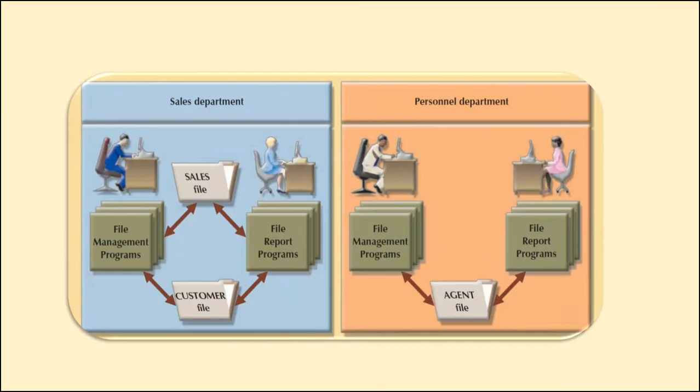Because of that, redundancy and duplication of the data will increase. And there is no option of data sharing between one file and another file, or one department and another department, or one feature and another feature of the application.